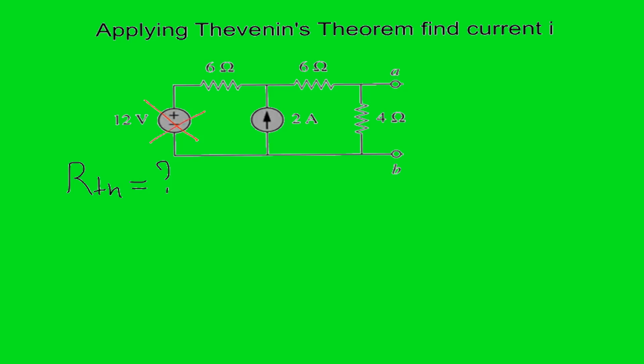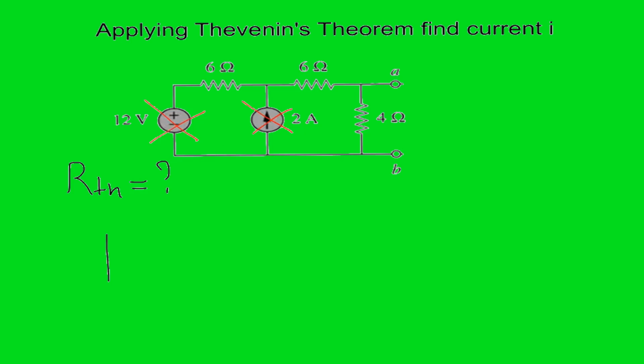In our case, there are two independent power sources: 12 volts and 2 amps. Once we turn off the independent power sources, we'll create a new circuit, and it is probably a good idea to draw it. So what do we have? When we remove a voltage source, we're creating a short circuit.